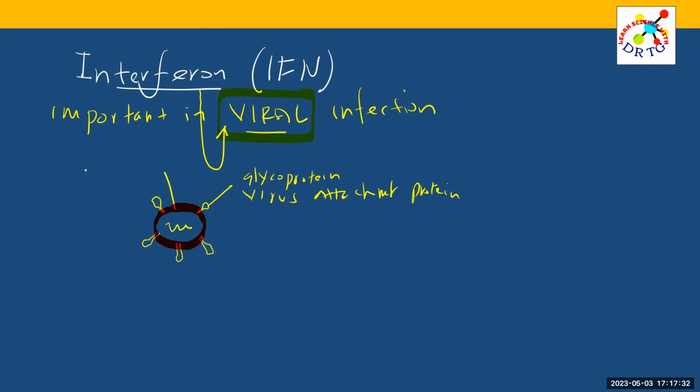This protein coat is called capsid. The name given to the protein coat is capsid, and this is nucleic acid. It could be DNA or RNA, right? So this is a very basic structure of virus.